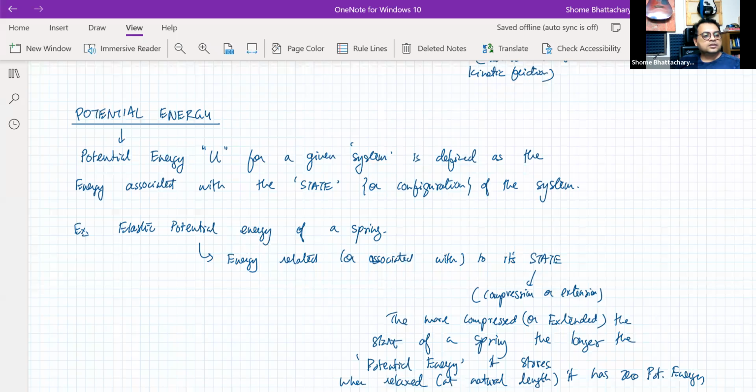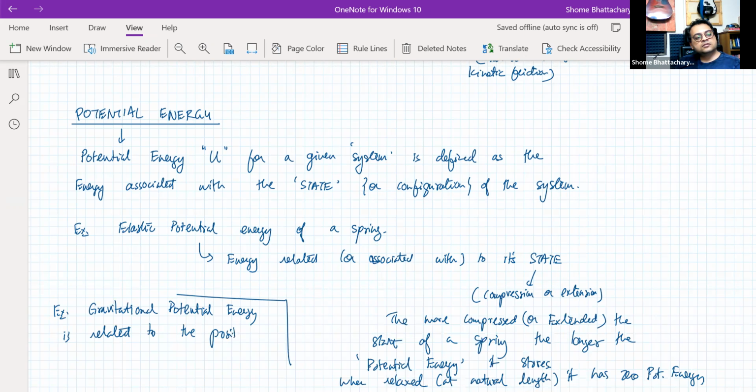So that's an example. Another example of potential energy is gravitational potential energy. Gravitational potential energy is related to the position, and by position we actually mean the vertical position or the vertical height of a given mass with respect to the Earth's surface.